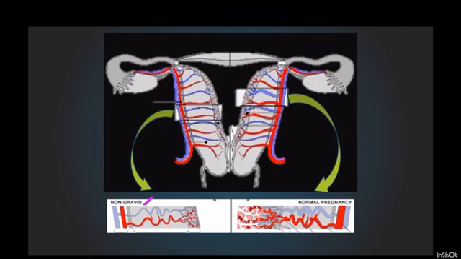Here you can see that the caliber of the vessel is small when compared to the changes during normal pregnancy. You can see that the caliber of the vessel is dilated. Not only here, you can see the end artery, the spiral artery, is very well dilated when compared to the non-gravid uterus.